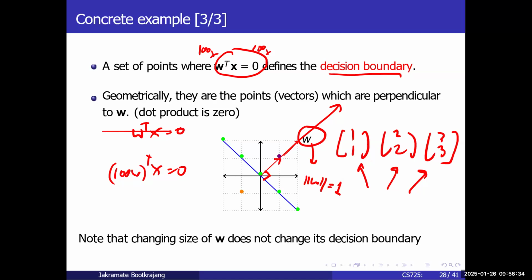You want the weight to be a fixed number so that all these give the same answer, and you don't have to compare each one of them. So the vector that describes the decision boundary often has the norm equal to 1.